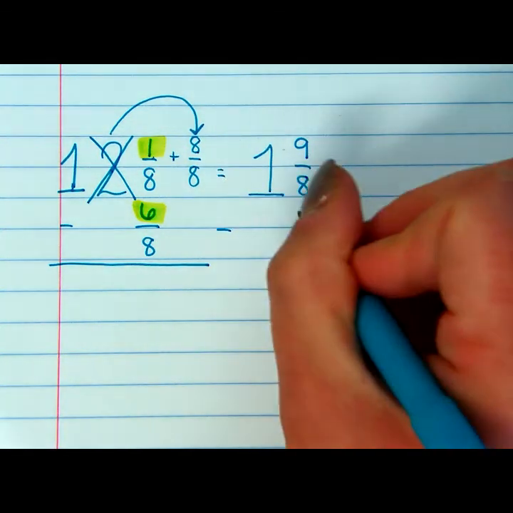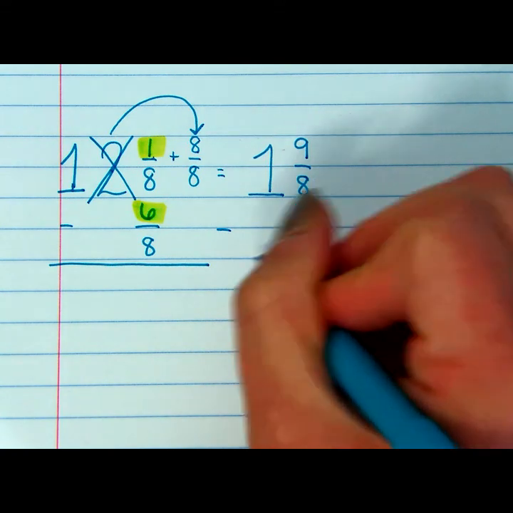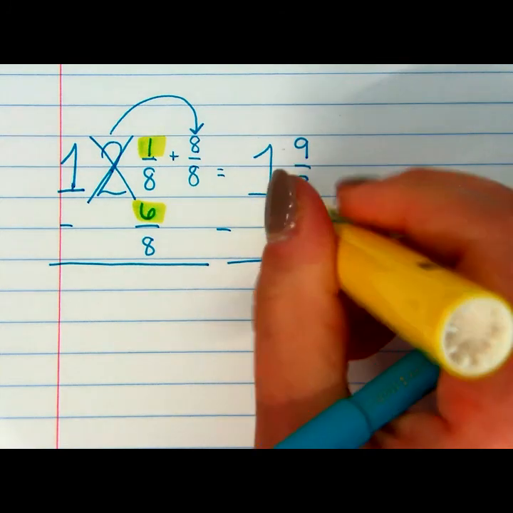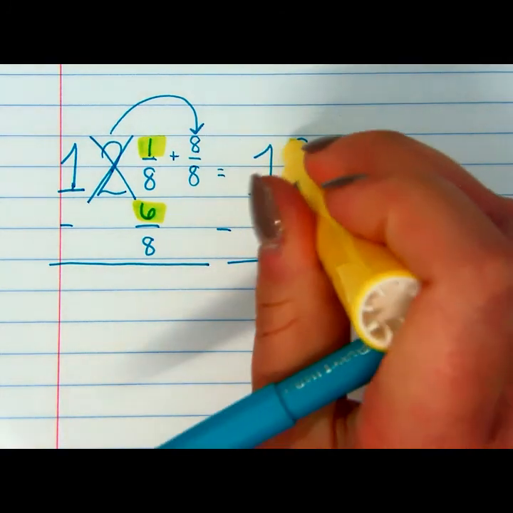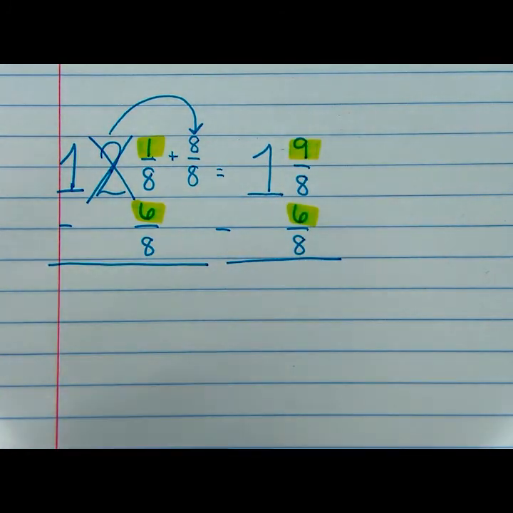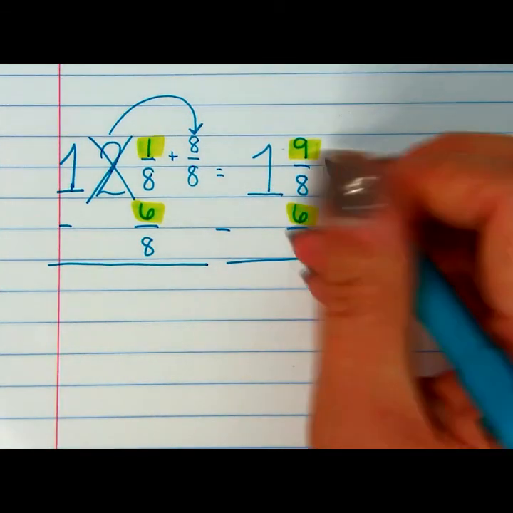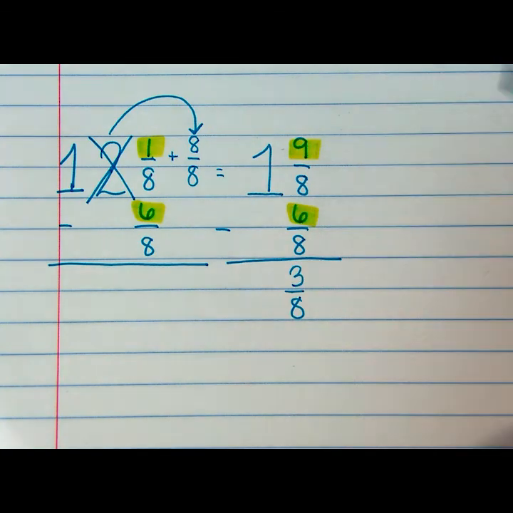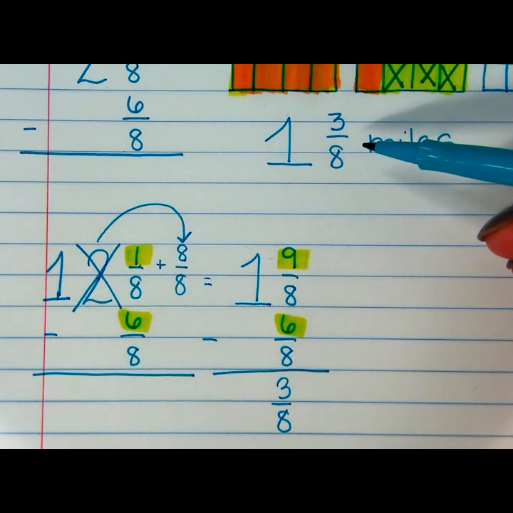Now I can subtract 6/8. Because guess what? I can take 6 away from 9. You guys know what 9 minus 6 is? That is, you got it, 3/8, which is, hey, the same fraction we have up here.